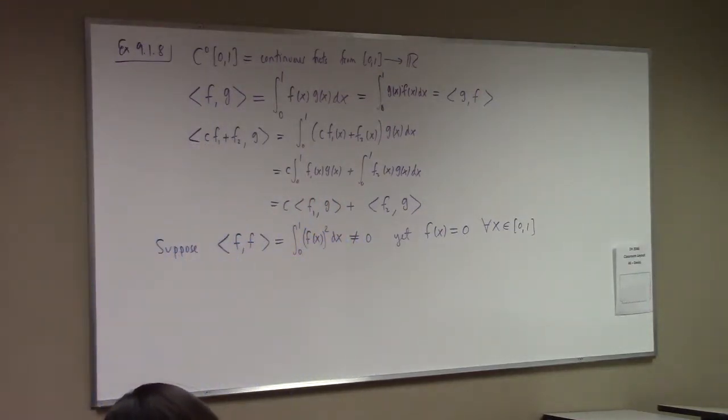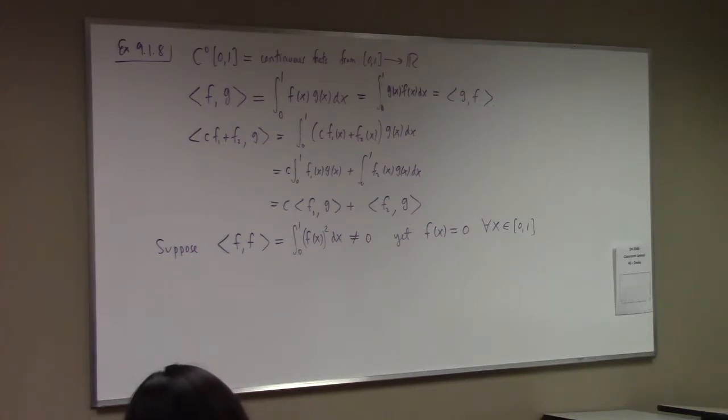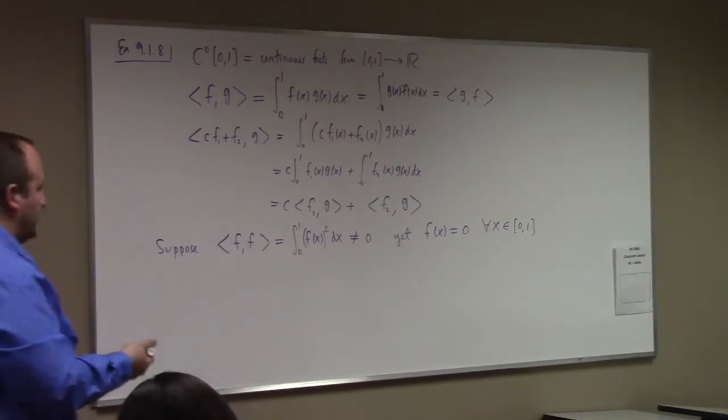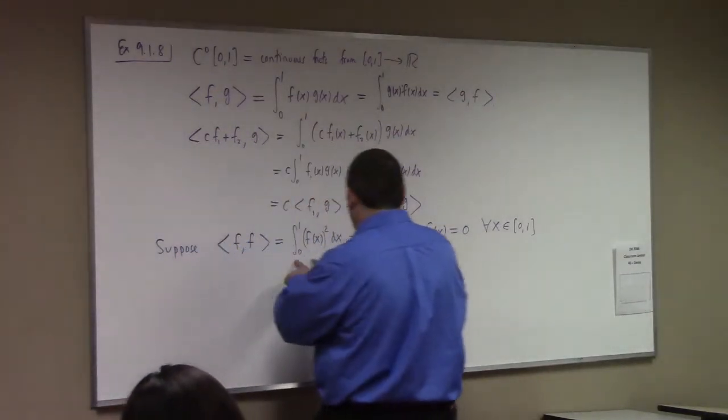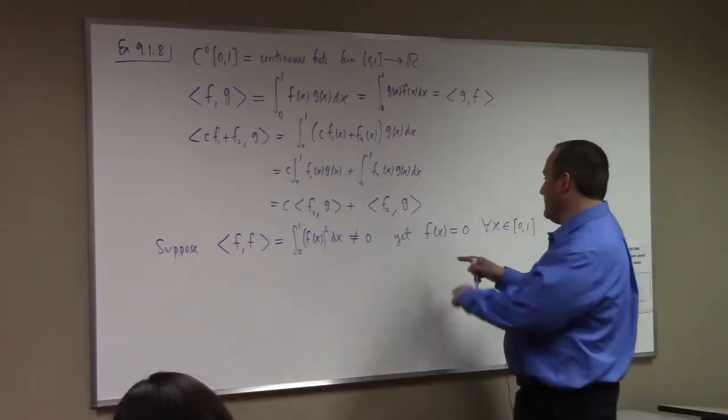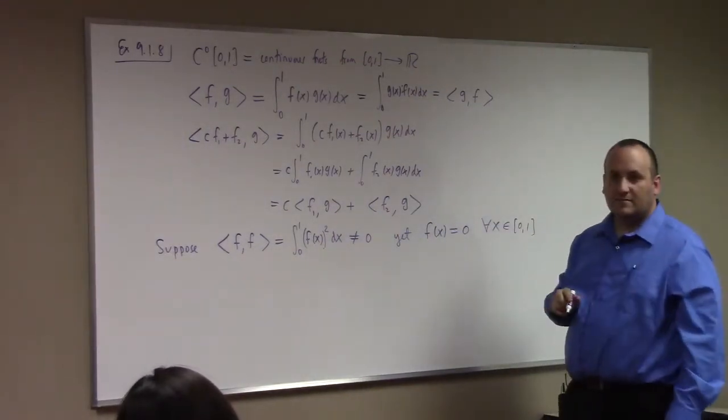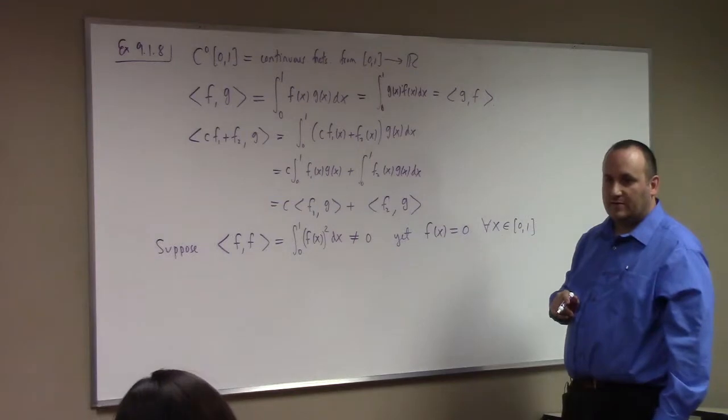Can you have a continuous function where the integral of the square of the function is non-zero, and yet the function is everywhere 0? Could you have that? Certainly not.